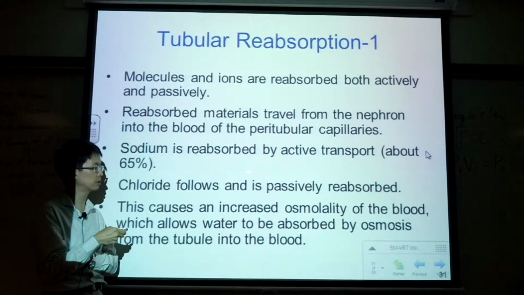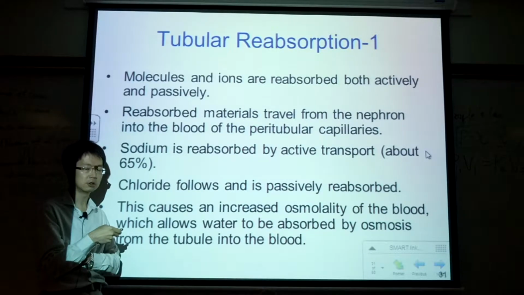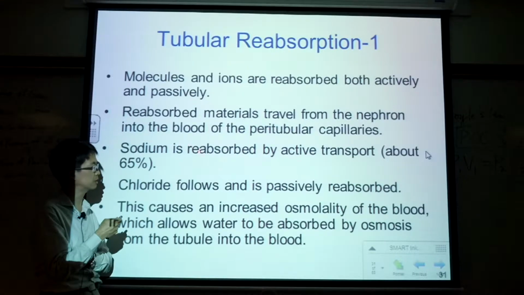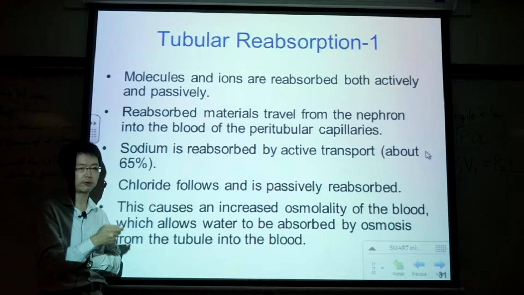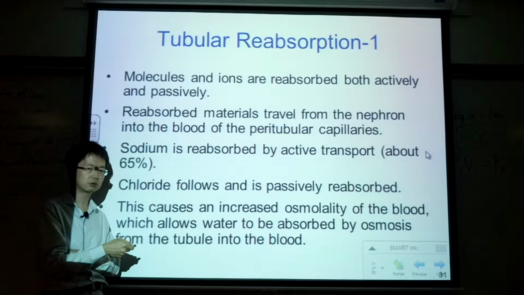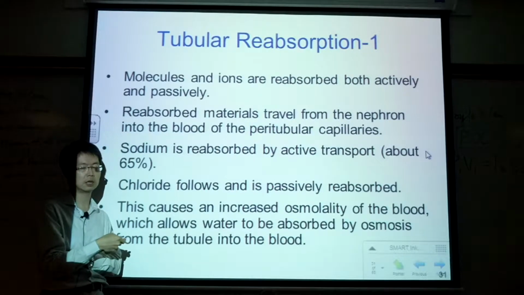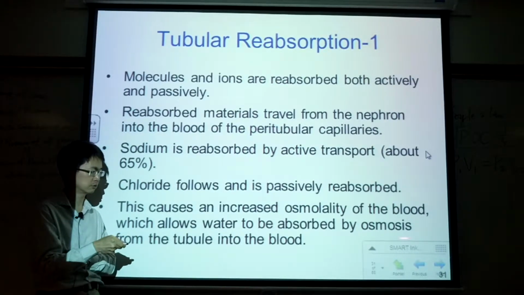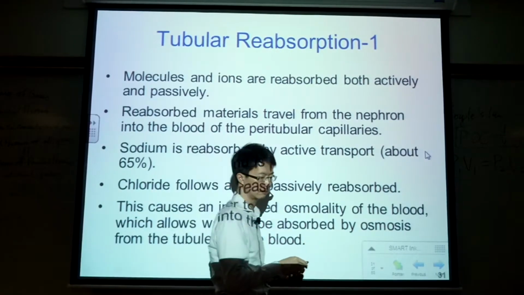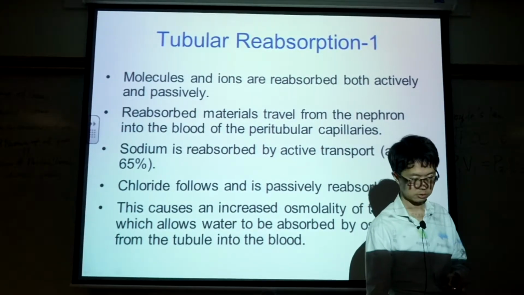Our kidney controls the reabsorption of the sodium so that the water will follow the direction of sodium by osmosis. If the sodium is reabsorbed from the kidney tubule back to the blood capillary, then the water will also go from the kidney tubule back to the capillary by osmosis. So water always follows the sodium, the salt.